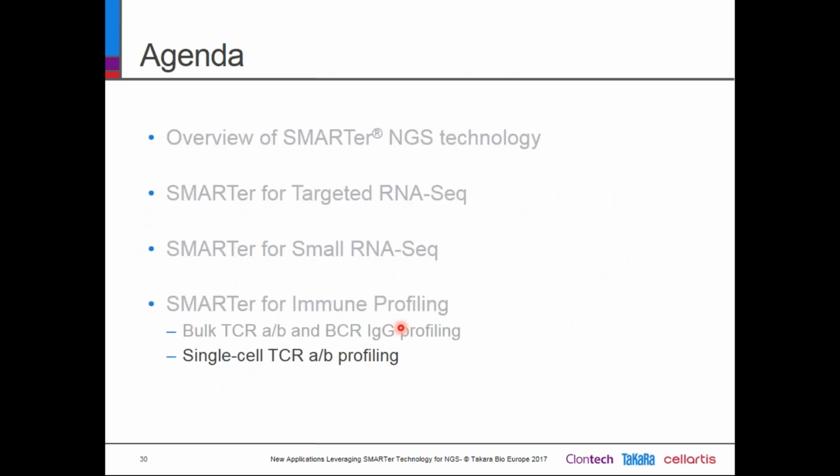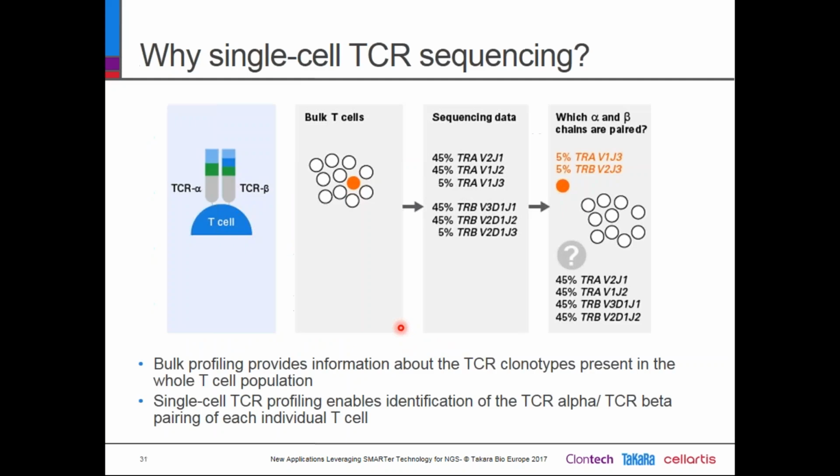So the last point that I want to mention is our latest addition to this immune profiling portfolio. This is the single cell TCR alpha and beta profiling kit. So first, why would someone be interested in doing this single cell TCR sequencing? As I showed before, with the bulk kit, you will be able to get information about what are the alpha and beta clonotypes present there.